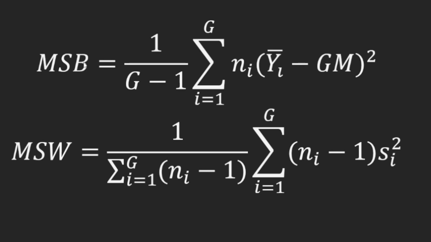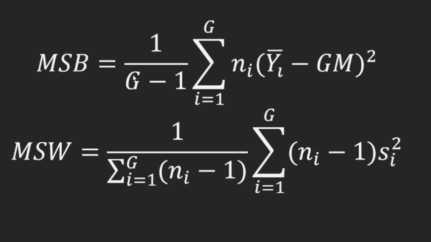In analysis of variance, typically we have 3 or more groups. You can actually do it with 2 groups, and that's mathematically equivalent to the equal variance 2 independent sample t-test. But in practice, practitioners use the analysis of variance for 3 or more groups.